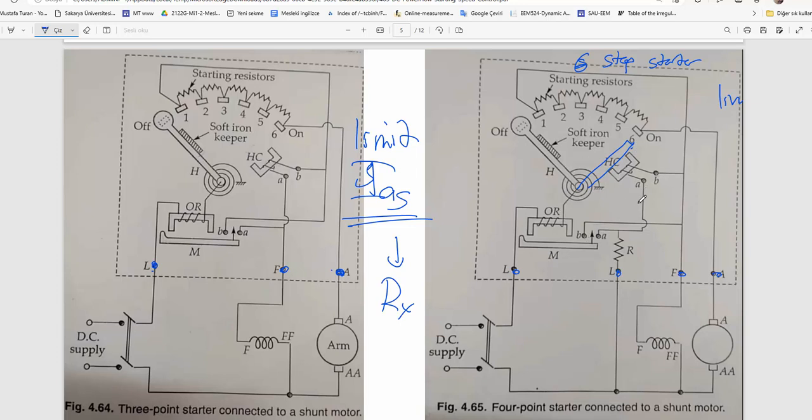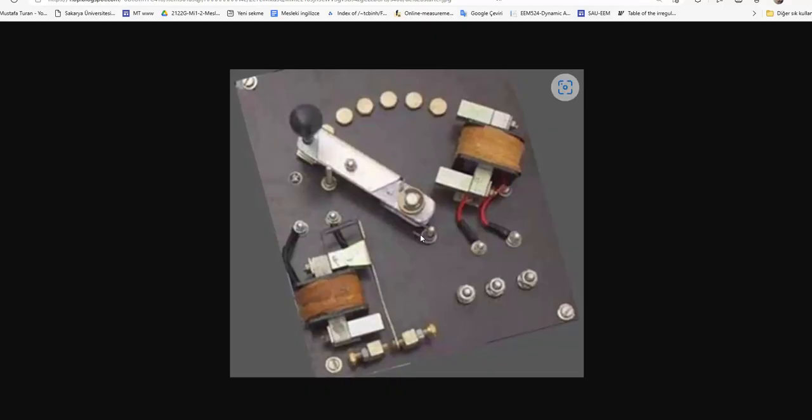The other is maintaining continuous operation by locking, and safety when there is a power failure. The electromagnet leaves the handle and lets it go to its original off position by means of the spring mechanism behind the starter. Behind the starter, you cannot see it here.